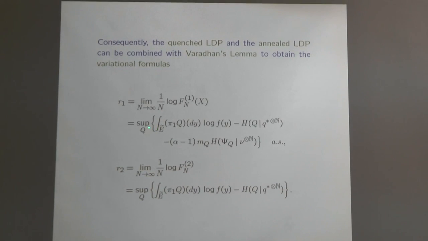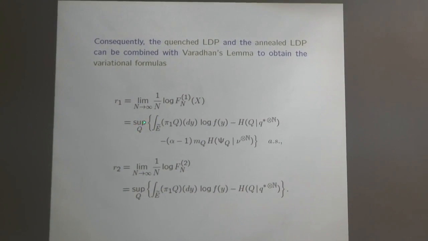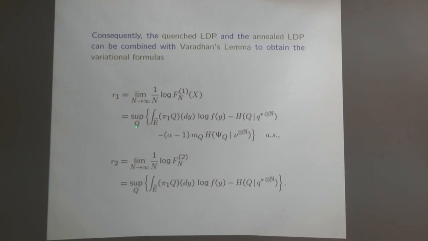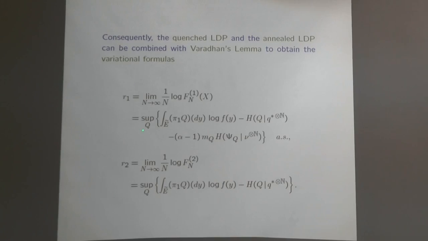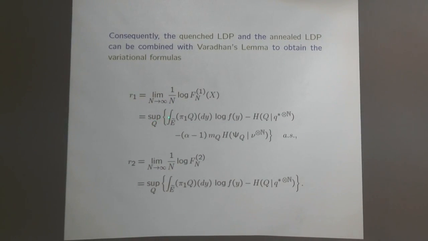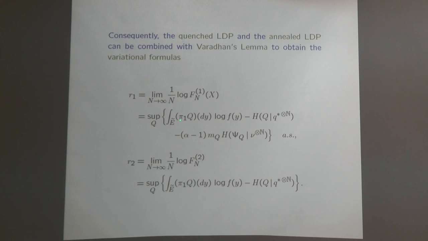One is take the supremum over all q in the space of stationary probability distributions on infinite sequences of words, take the one-word marginal of that and integrate your function log f_i with respect to that law on words, and subtract the rate function as we found it for the quenched model, which was this relative entropy, and that supremum must be the point where you blow up.